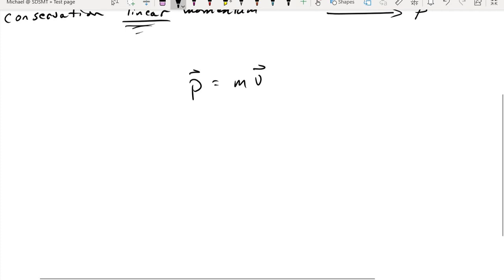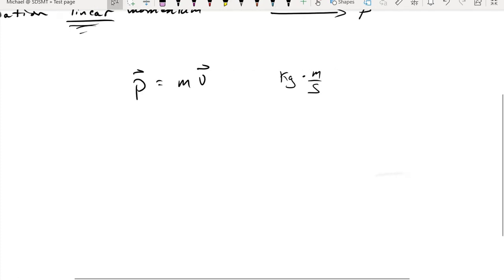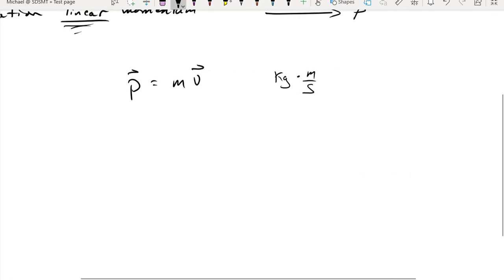The units that we're going to associate with momentum, we have units of kilograms for the mass, and we have units of meters per second for the velocity. Now, that looks very close to being a Newton, but keep in mind that a Newton is a kilogram meter per second squared.